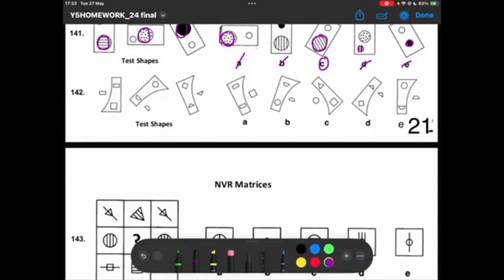So, not A, because the shape that they make up is on the outside when it should be on the inside. Not C, because there's just three different shapes, so that's just wrong. And not D either, because they're both pointing in the same direction, they're both facing the same way.